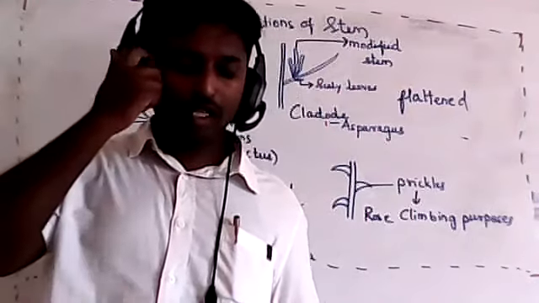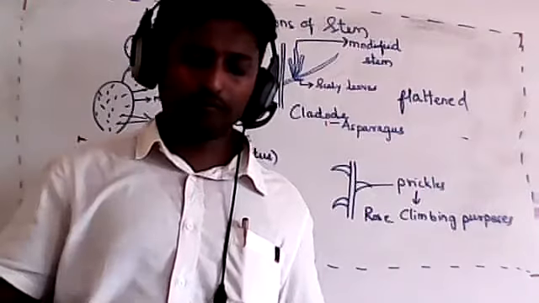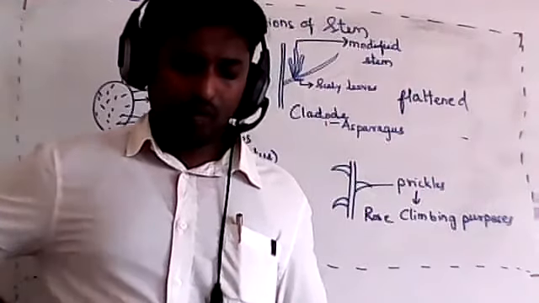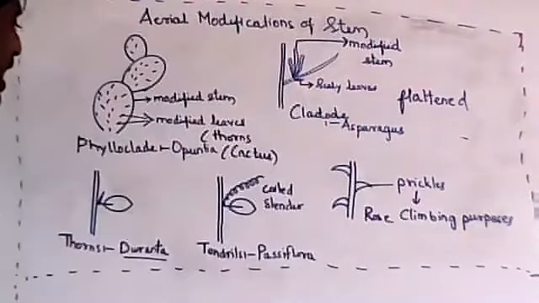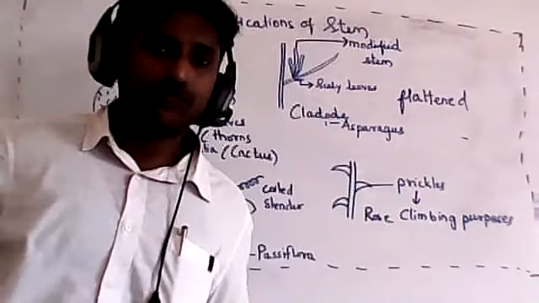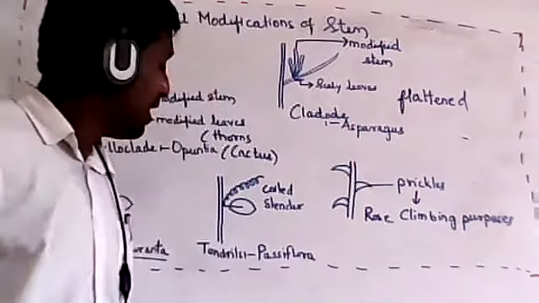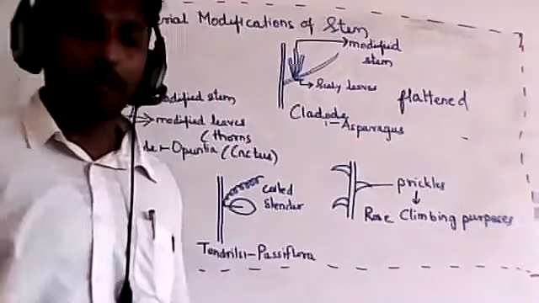Okay, so here is the example, and the example for phylloclade is this opuntia.